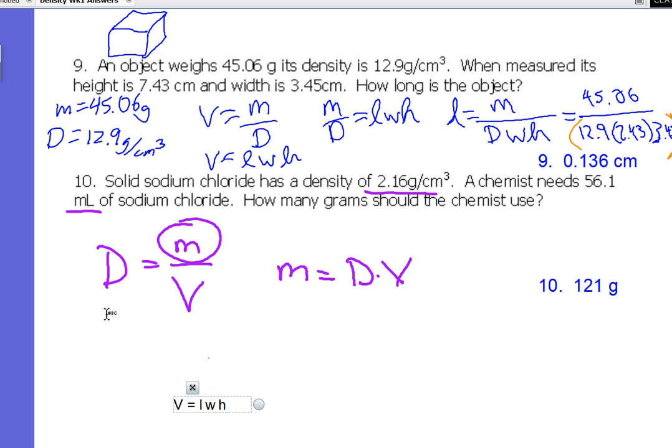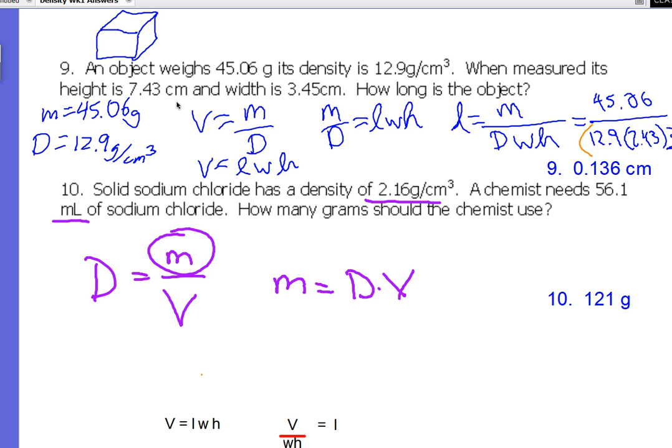Ergo, you could say volume equals length times width times height, and rearrange it to solve for the length, and that would be fine. You could do it in two steps like that.